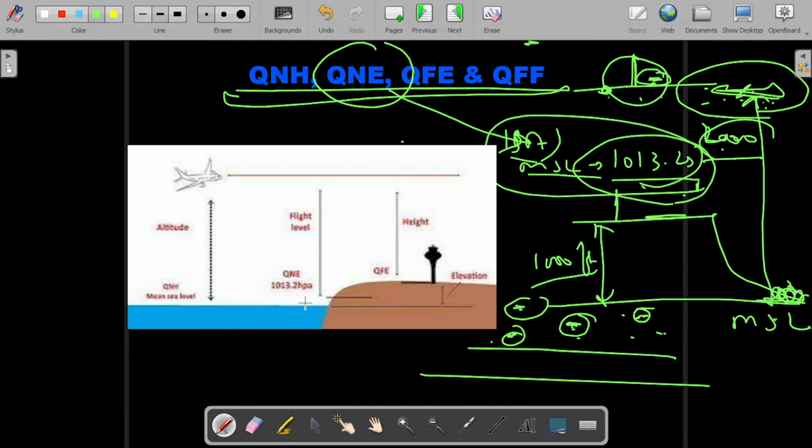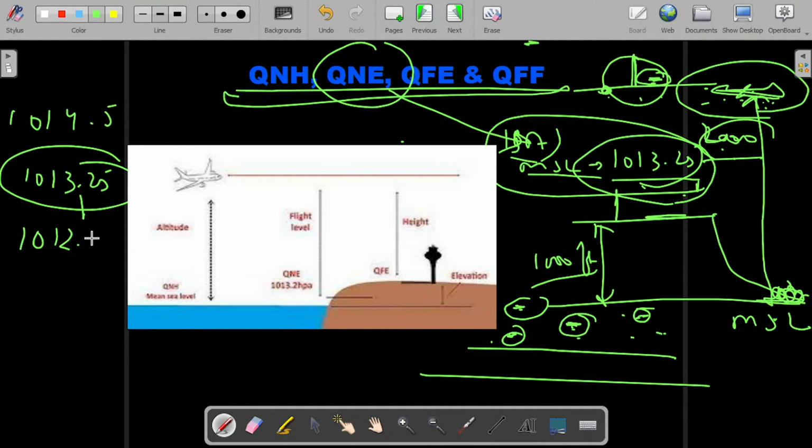1013.25 is the pressure as per ISA condition, but there is a possibility that on that day in a particular region there is a different pressure. It could be less than 1013.25, or 1012, or 1014.5, so there could be any value.